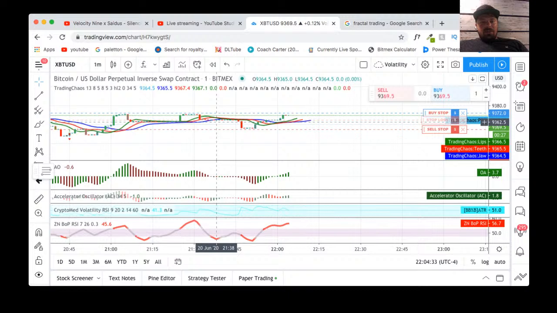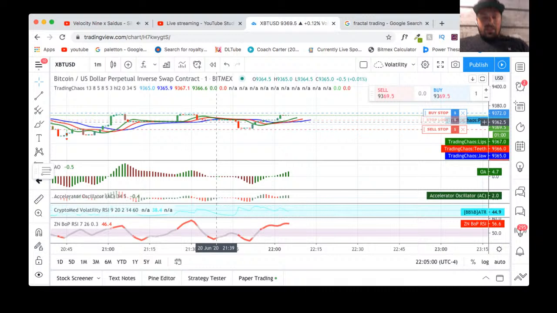Fractals are a really good indicator of future price movement, and if it breaks a fractal, you don't know how much farther it's going to go. It could go to the next support or resistance, the next resistance line.